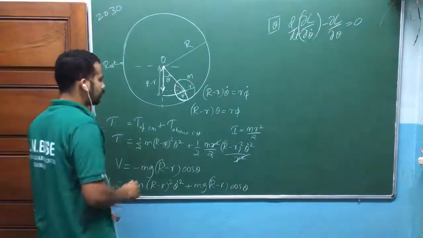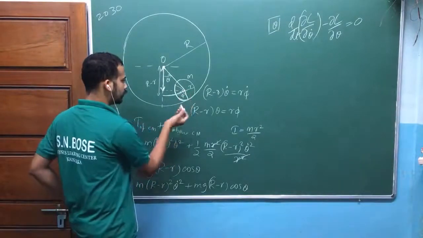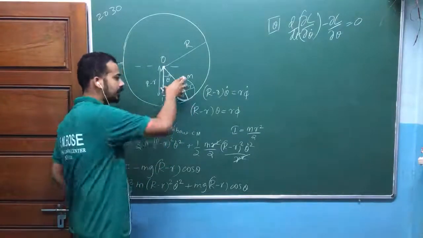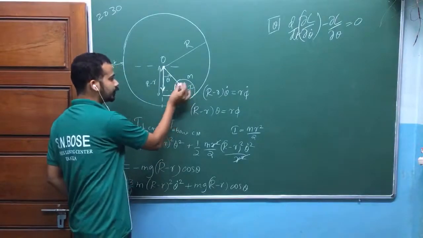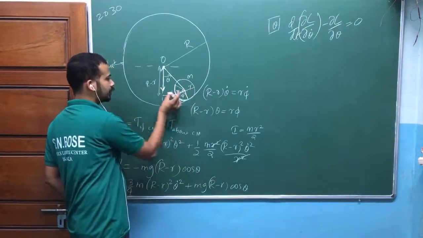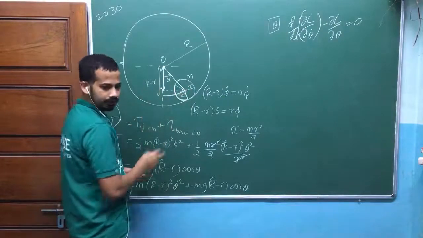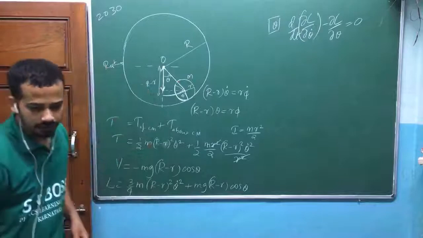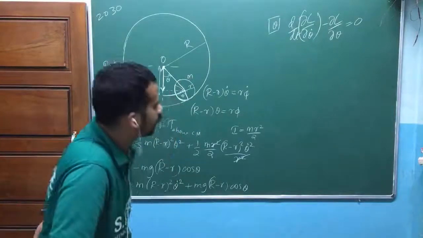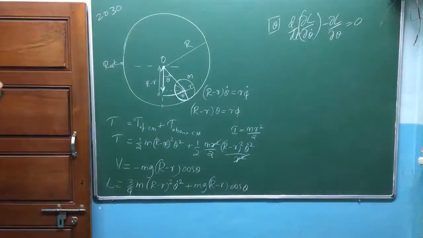There is no motion along the length of the cylinder. If you take this as the axis of the cylinder, this axis is moving like this. I hope you can imagine that. It is rolling like this. We are interested in finding the frequency of small oscillation here.